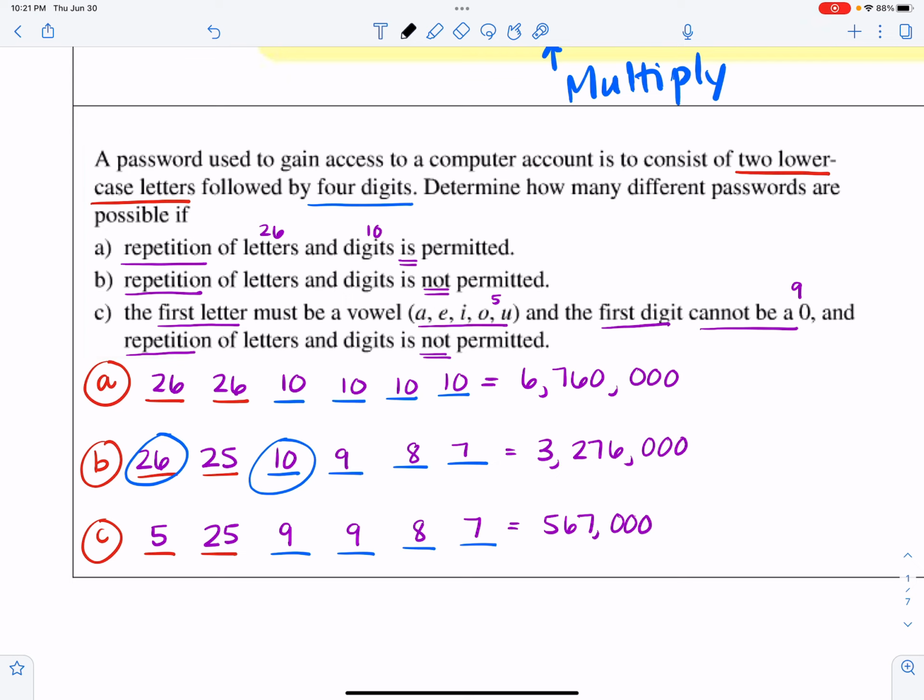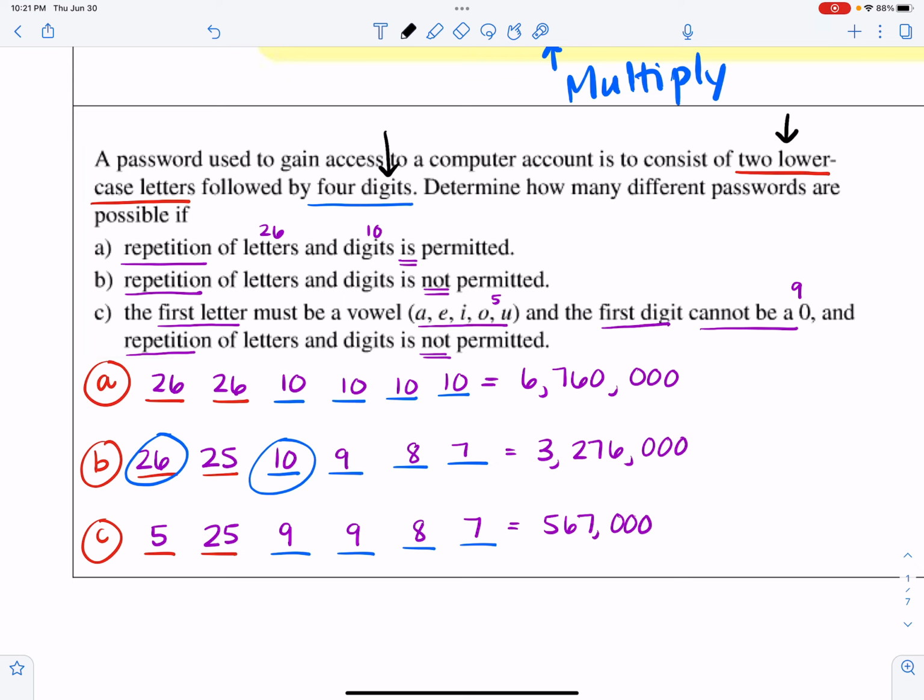For example, here, this is going to be 2 lowercase letters and 4 digits. It's not a situation where it's telling me there's 3 appetizers, there's 5 meals, there's 6 desserts, where it's easy to know what numbers need to be multiplied. So what I do is I lay out blanks for each thing that I have to assign.